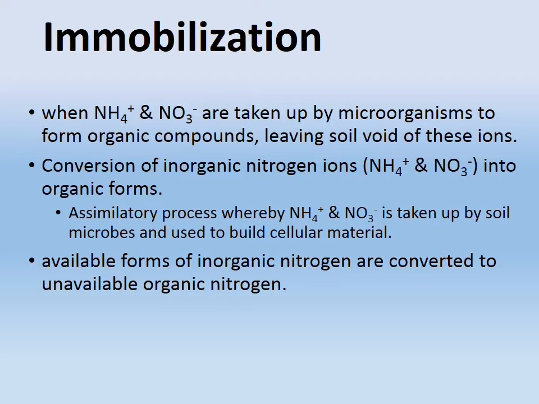It's an assimilatory process whereby ammonium and nitrate is taken up by soil microbes and used to build their cellular material. So the available forms of inorganic nitrogen are converted into unavailable organic nitrogen. So the organic nitrogen is not available.